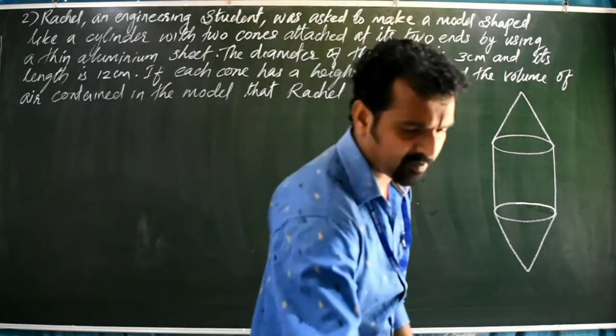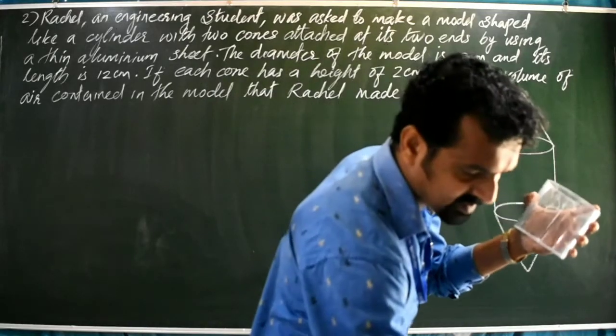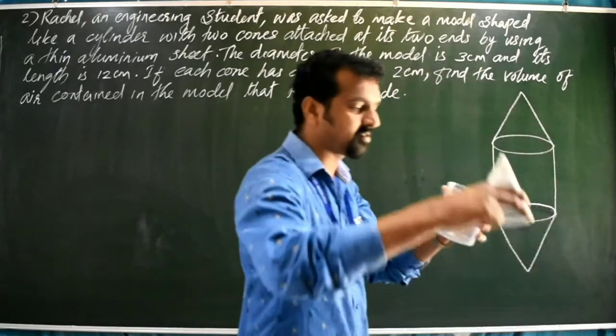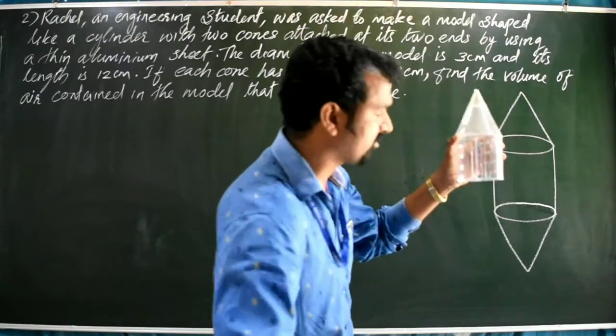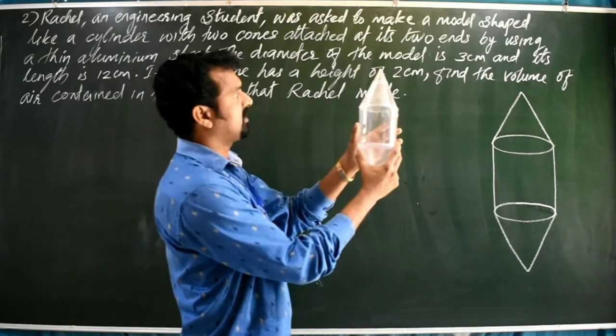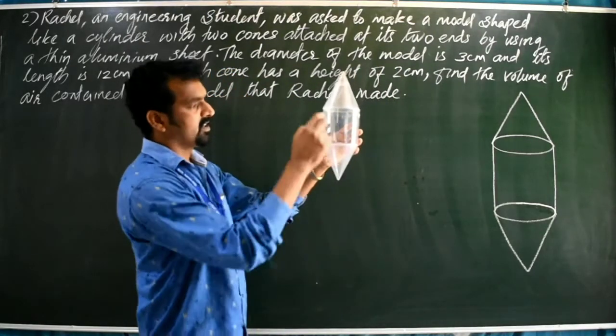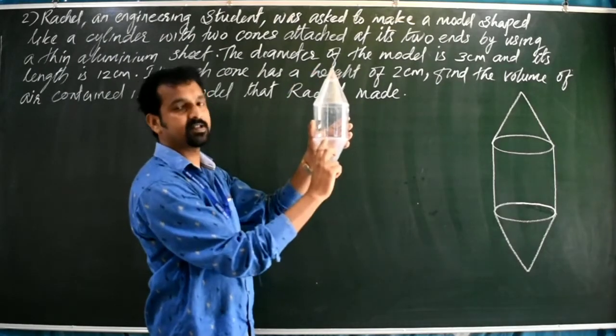That is a shape like a cylinder, and at its 2 ends it is attached to 2 cones. One cone is on one side and another cone is on the other side. This one is the shape. That is the model. In the middle it is a cylinder, upside it is a cone, and downside also it is a cone.